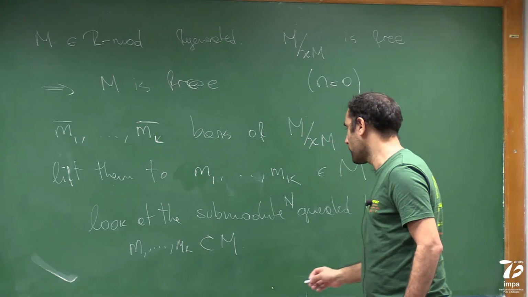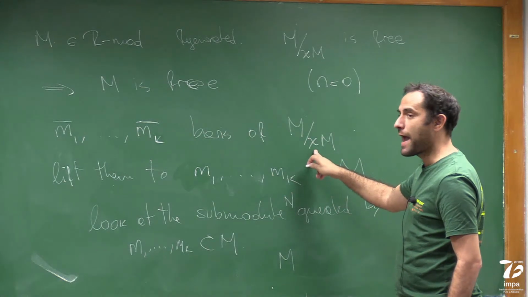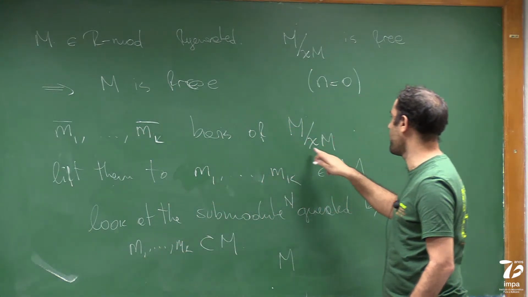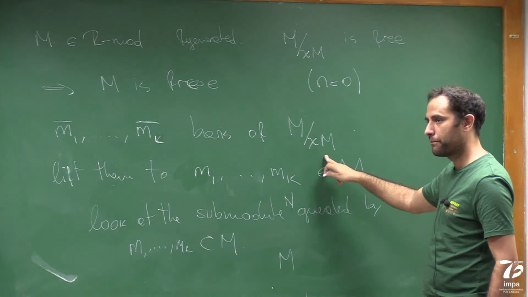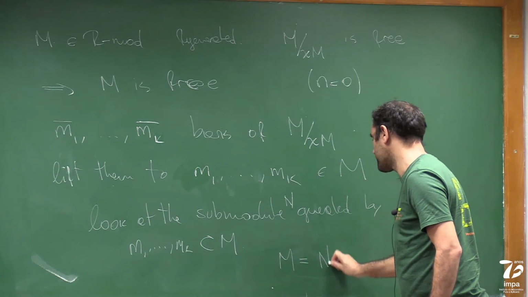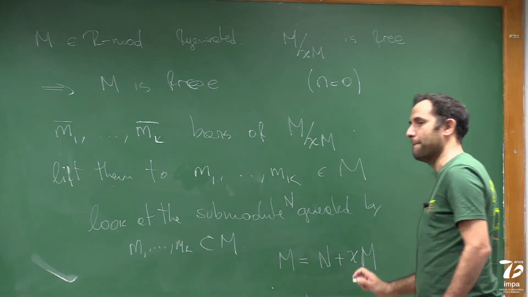So what do we know about this M? If I mod out by x, then these guys generate the whole of M modulo xM. So M is equal to that N there plus xM.